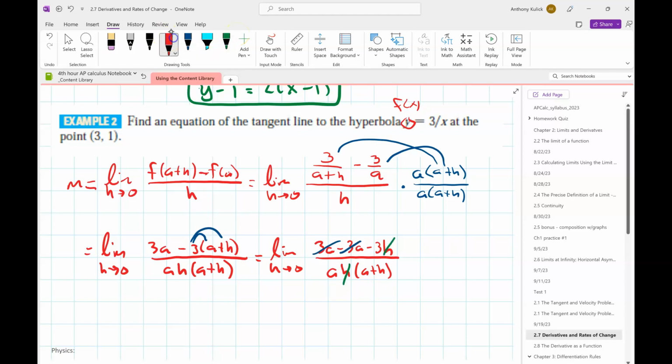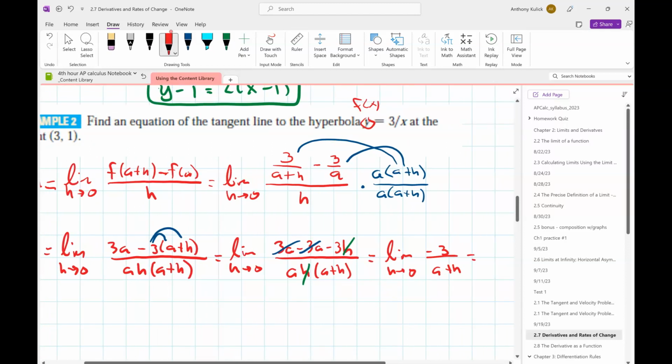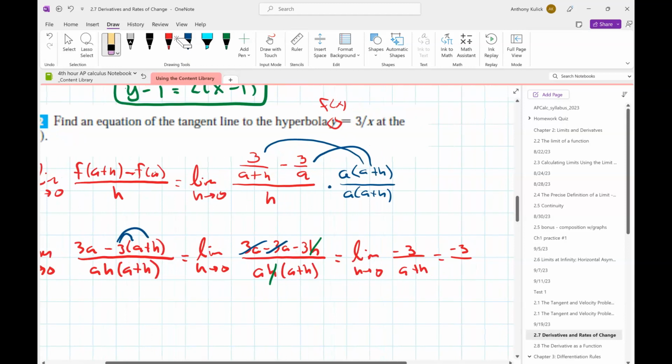Reduce out the h. Everybody good? So when I evaluate the limit, what's that going to equal? Wait, where did the a go? In the denominator? Oh, sorry, excuse me.